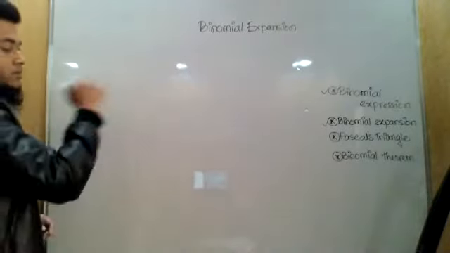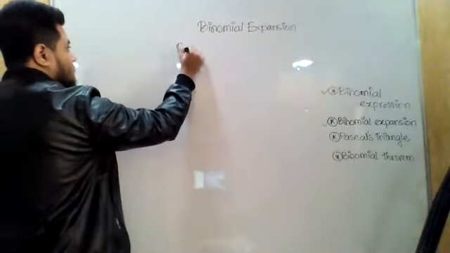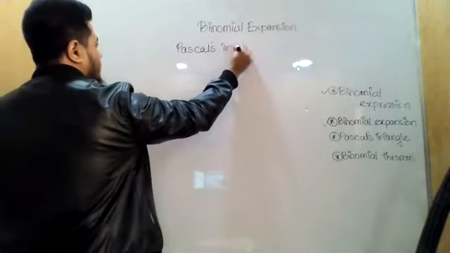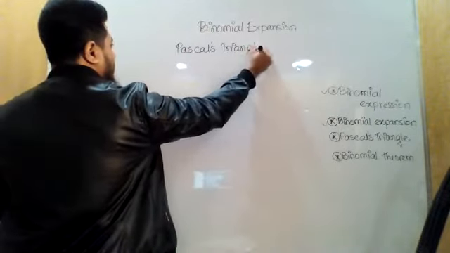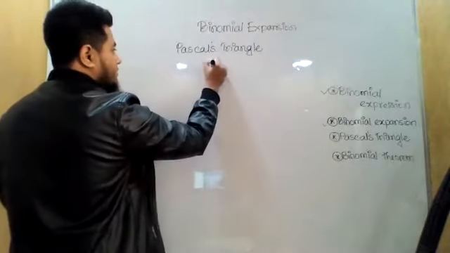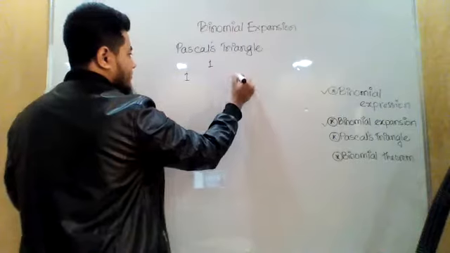Okay, so Pascal's triangle. Pascal's triangle goes something like this. We will write a 1 here. Let me write it, then I will explain.